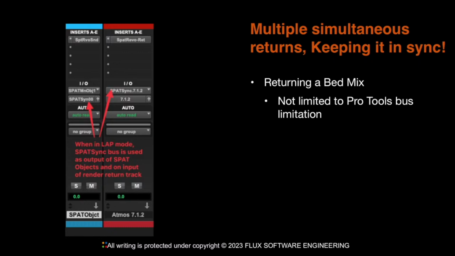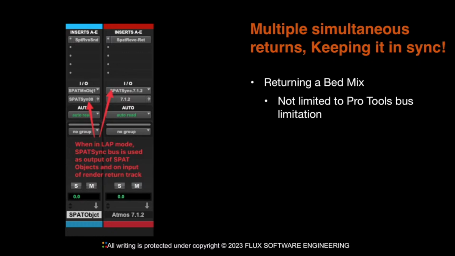But now with 2306, there's the release of track width all the way to 9.1.6, ambisonic all the way to 7th order. So the limitations are not as challenging as they were before.